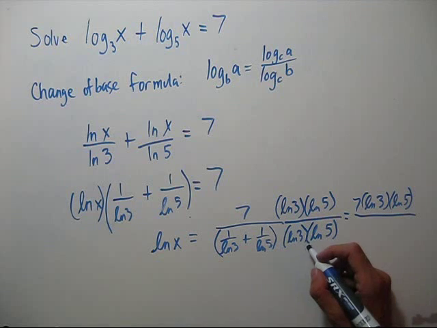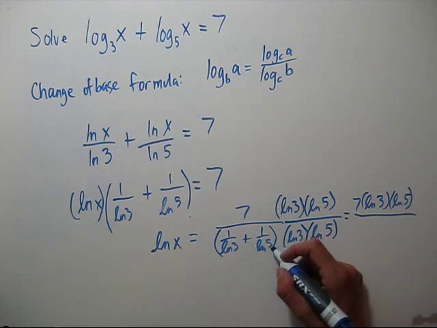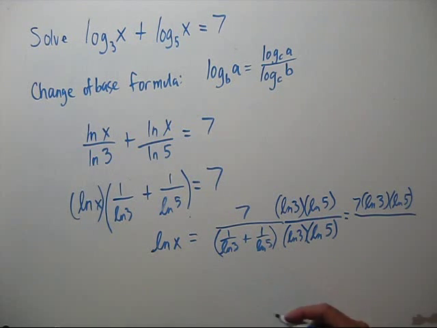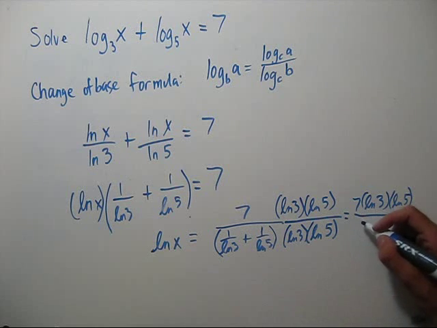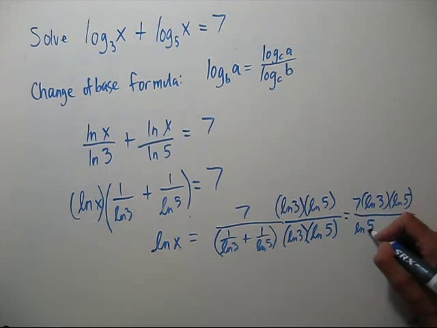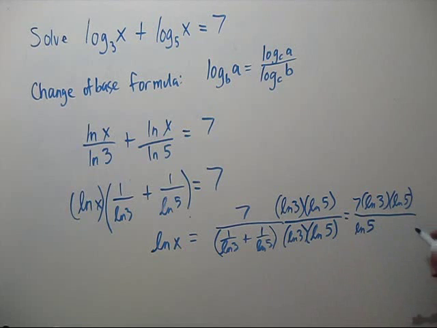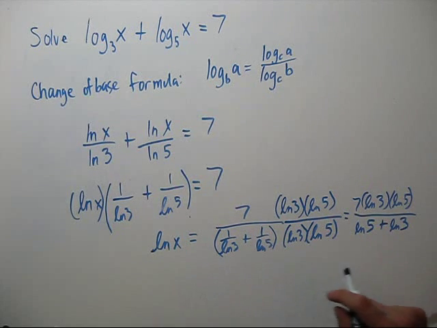In our denominator, when we distribute this through, on the first one the natural log of 3's will cancel. And on the second one the natural log of 5's will cancel. So now we have natural log of x equals this. So to get rid of a logarithm, you exponentiate using the base.